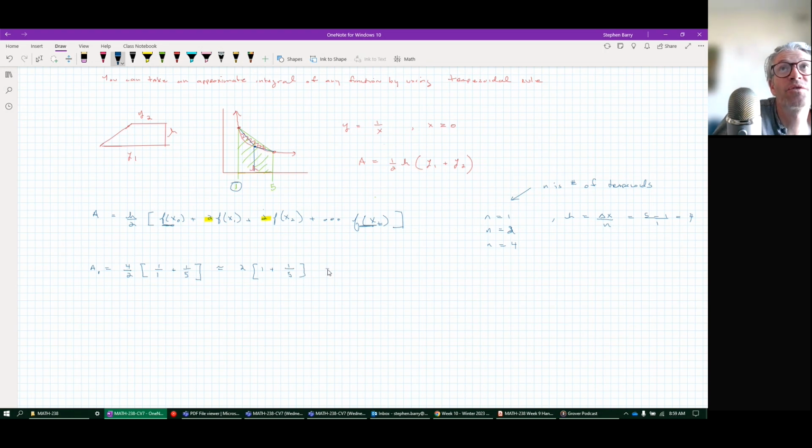Six over 5, so 12 over 5. So that's the approximate. This is going to be bigger than the actual area under the curve because you can see from the graph that I overestimate. Anything that's concave up is going to be overestimated.